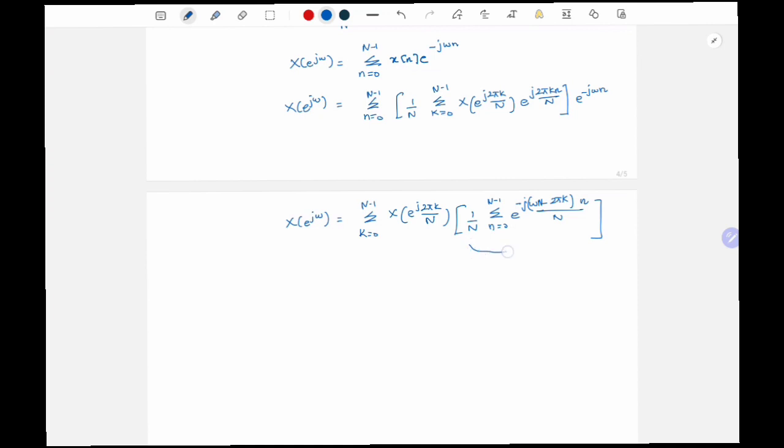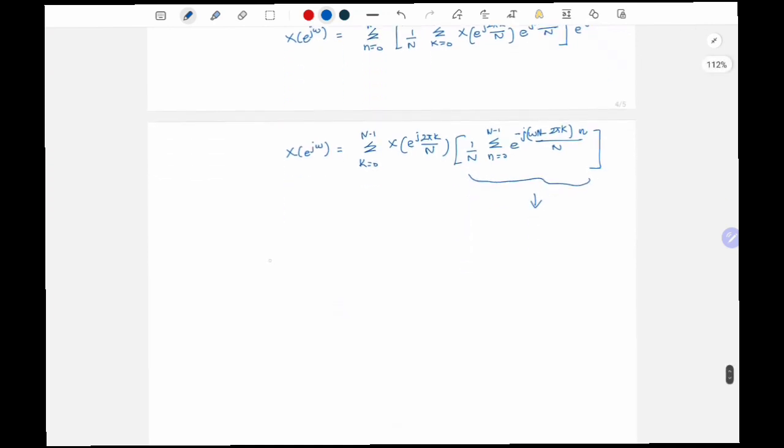So to see what this function is, we will first look at another similar function. Let's say P(ω) as 1 by N summation n equal to 0 to N minus 1, e^(minus jωn). Since it is like a geometric progression, you will have 1 by N, (1 minus e^(minus jωN)) by (1 minus e^(minus jω)).